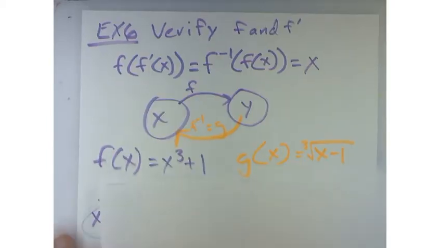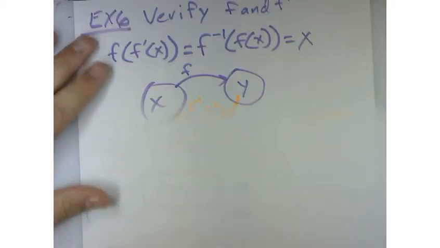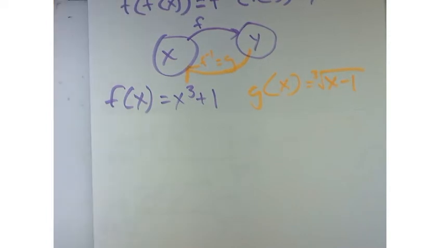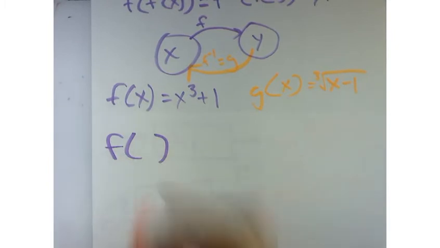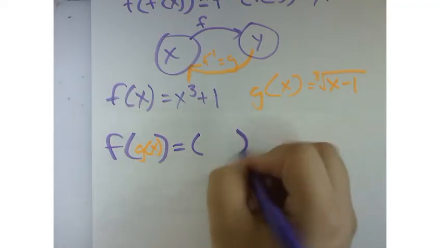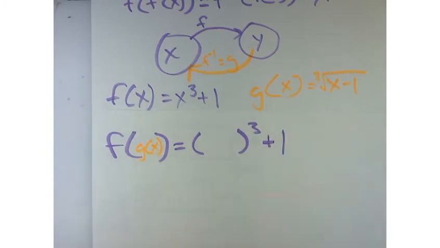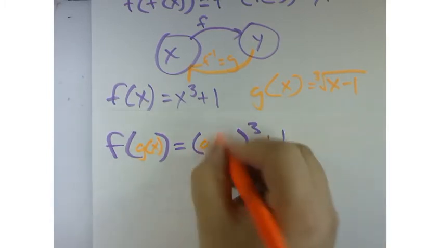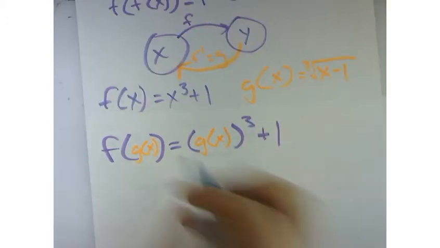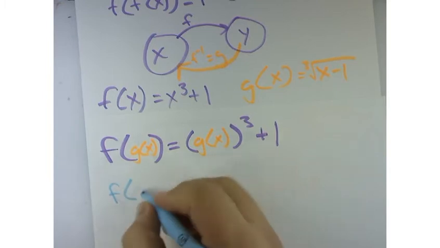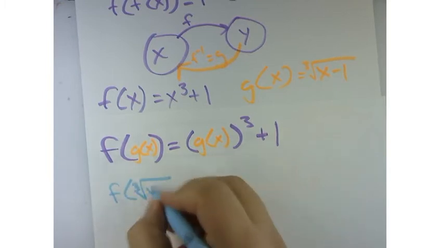So now how do I verify that algebraically in generalized terms? Well, let's just write them down. So one way I could do that is I could take f of g of x. Now that you guys are experts in composite functions, we know what do I plug in those parentheses? g of x. Well, what's g of x? g of x is the cube root of x minus 1.